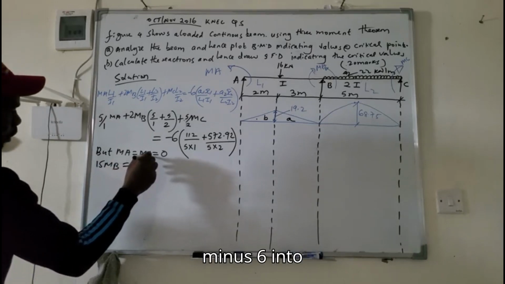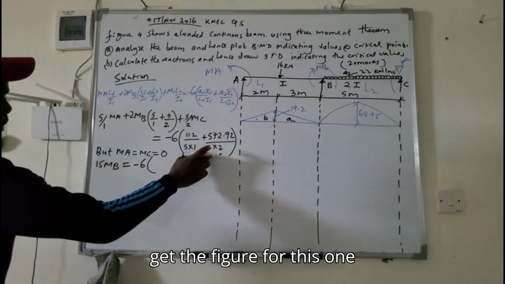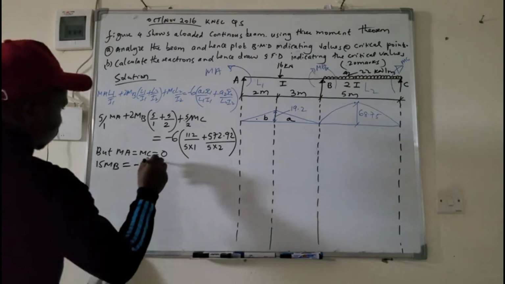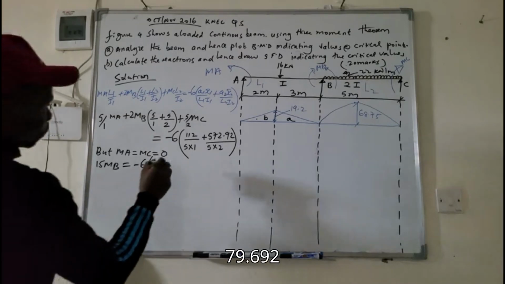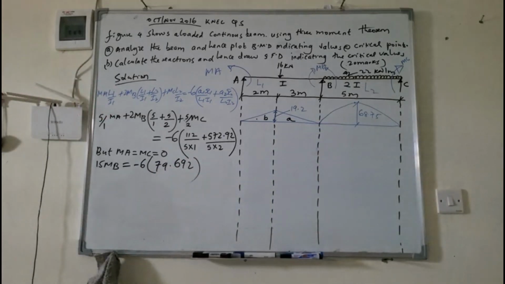So it should give you minus 6 into bracket. Let me get the figure for this one. Negative 79.692, like that. So that is it.